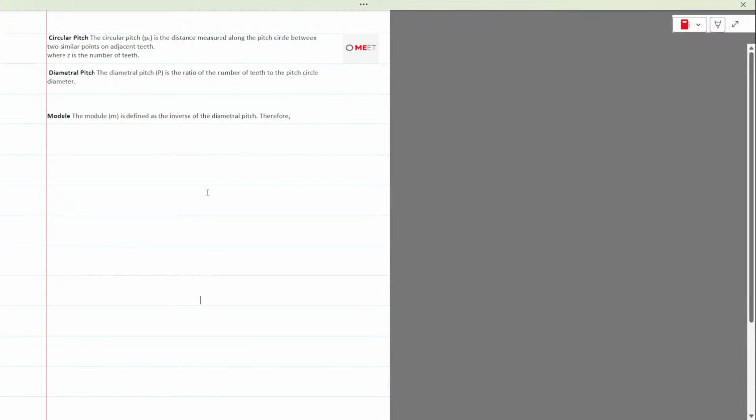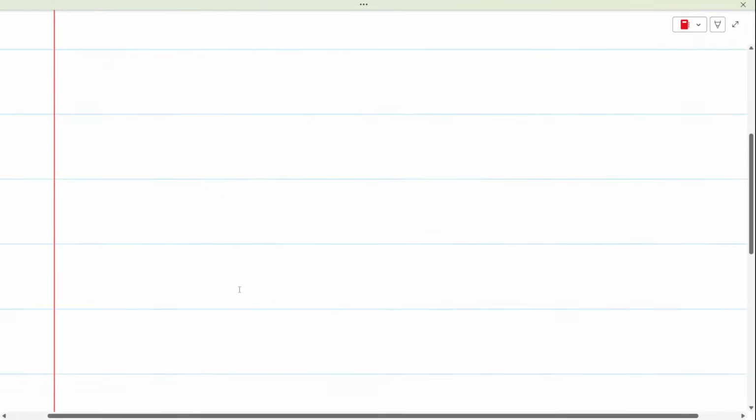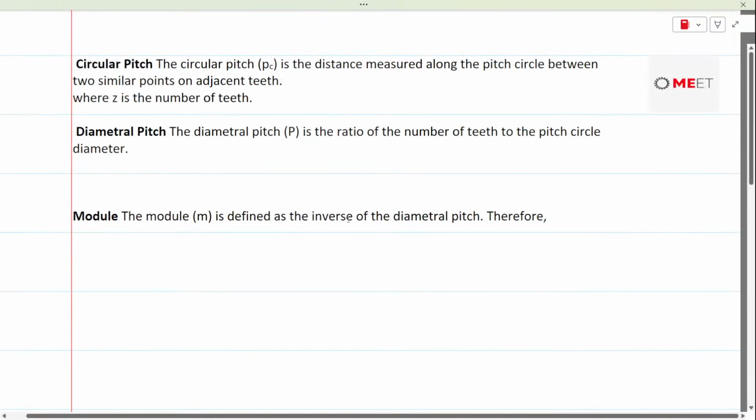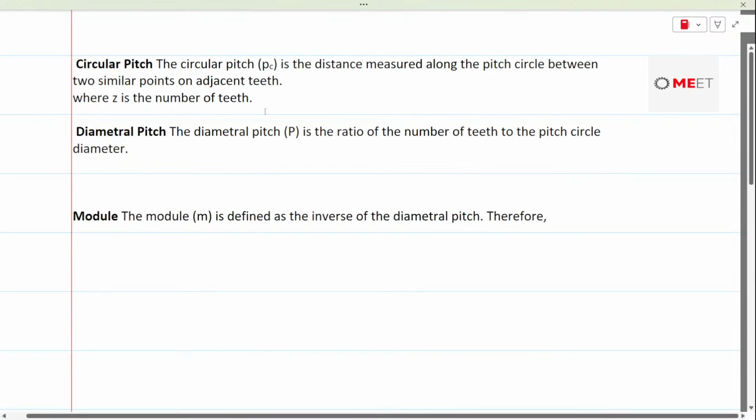Let's see the circular pitch, and we'll get back to pressure angle and line of action in a few more minutes. Circular pitch is the distance measured along the pitch circle between two similar points on adjacent teeth.